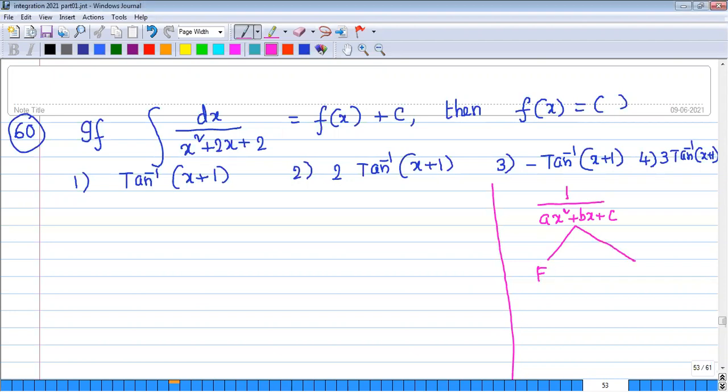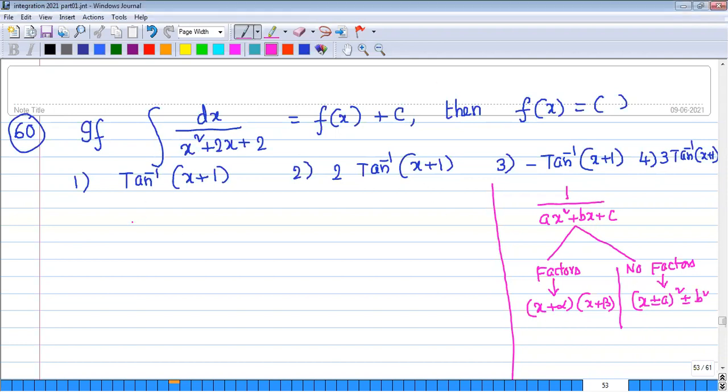If it has factors, we need to find factors in the form of x plus alpha into x plus beta, then use the partial fraction method. If the factors are irreducible, no factors, it should be put in the form of x plus a whole square plus or minus b square.